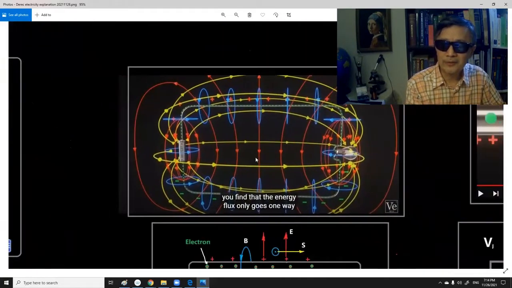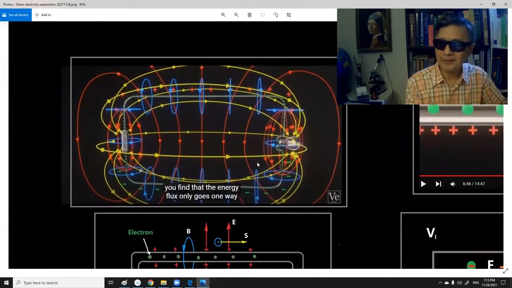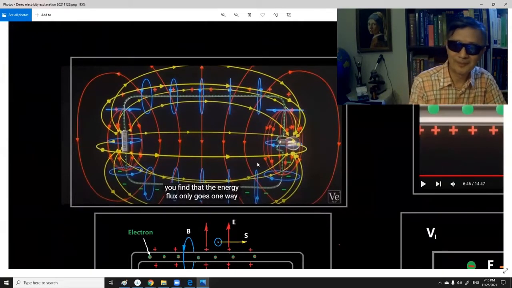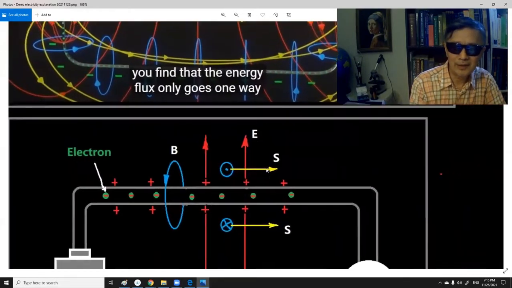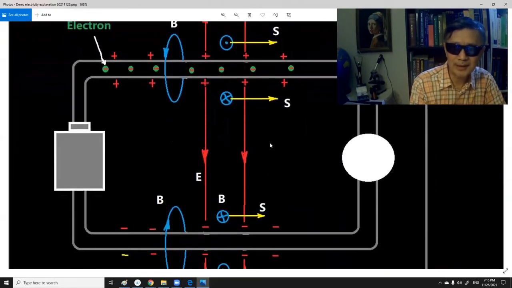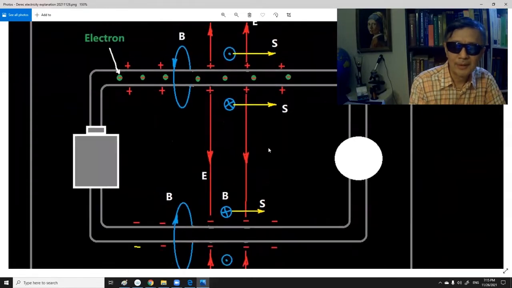Secondly, this is a very colorful diagram, very complicated, but if I simplify this diagram, you will see the argument is based on this assumption: that this battery terminal is positive. We know that electrical current goes from positive to negative.